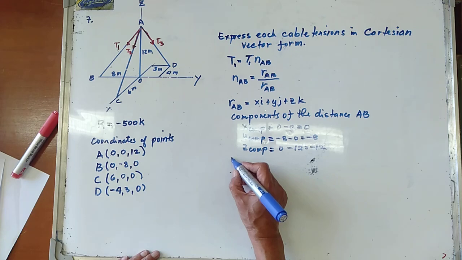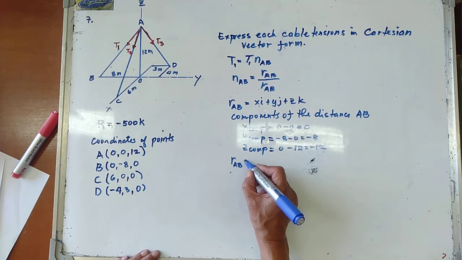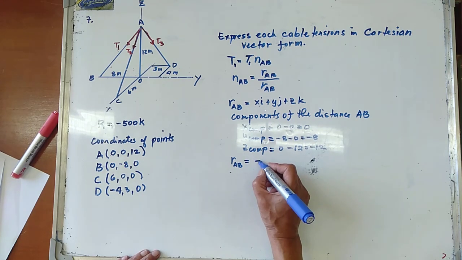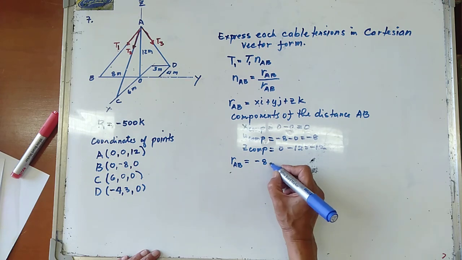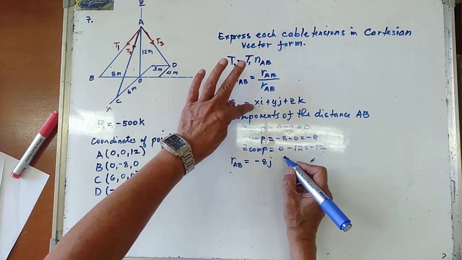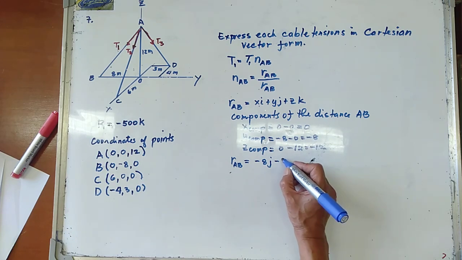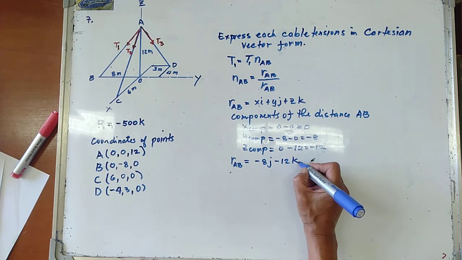So the position vector in the direction AB is equal to minus 8j, since x is 0, minus 12k.